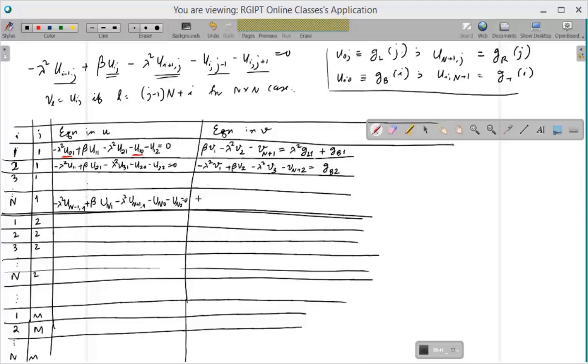This will show up in the representation of v as minus lambda square v n minus 1 plus beta vn minus v 2n, that should be equal to g bottom n plus lambda square g right 1. All right, so this is how you can write down all the terms.